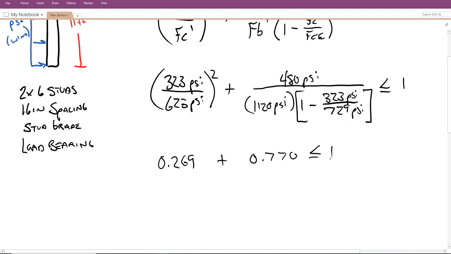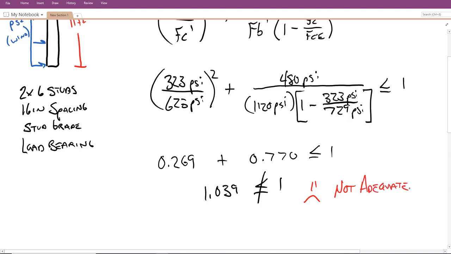If we add all that together, we discover that I'm 104% of capacity. This is not less than or equal to 1, or in other words 100%, and therefore with regard to bending and compression, this column is not adequate.